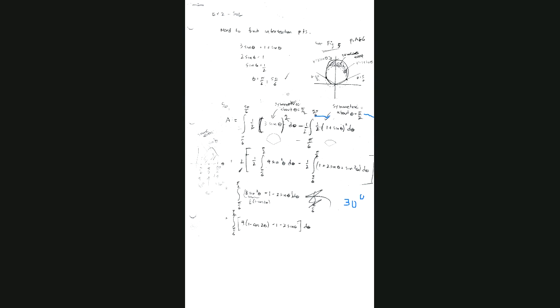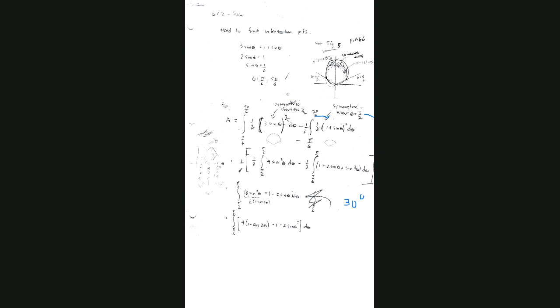And if you notice on the picture here, the green angle lines: the green line on the right is the line with polar equation theta equals pi over 6. The green line on the left is the line with polar equation theta equals 5 pi over 6.